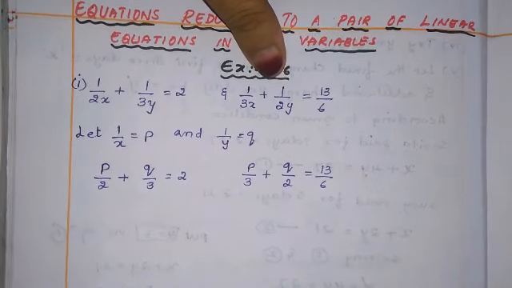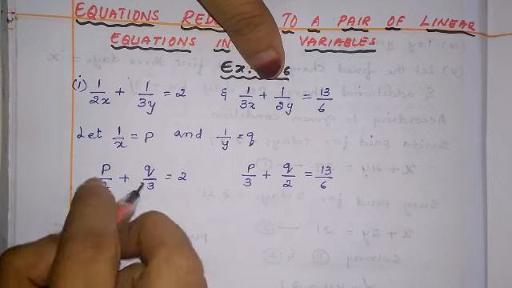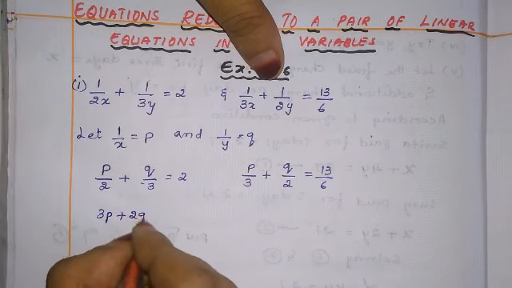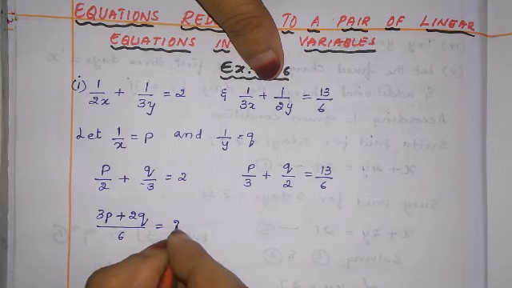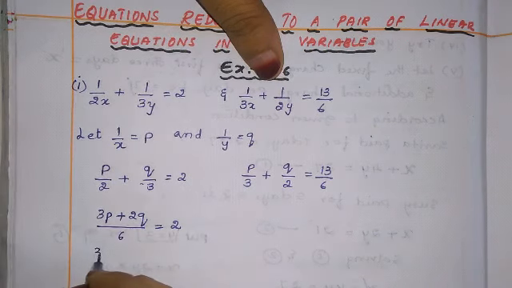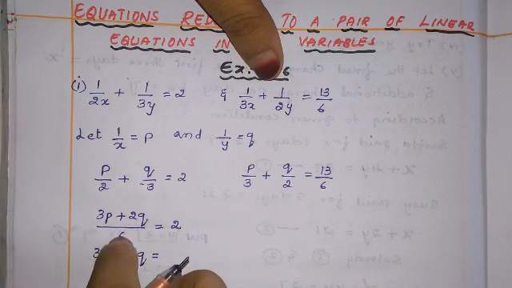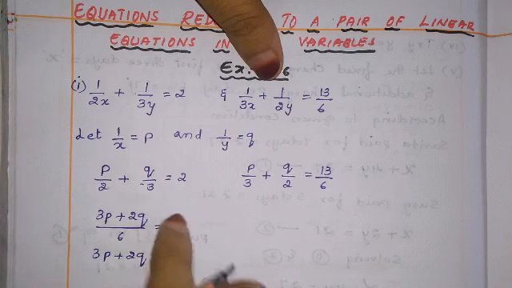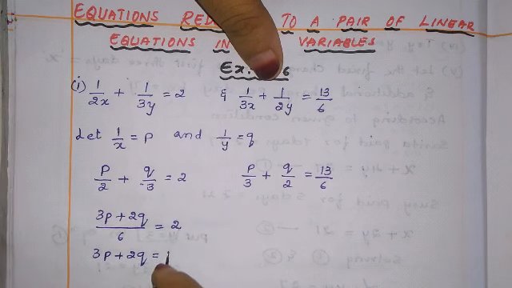So how do we solve now? 3 into p, 3p, plus 2 into q, 2q, upon 3 2s are 6 is equal to 2. So 3p plus 2q is equal to 6 2s are 12. We multiply this 6 to the other side because it is in divide position; bringing it over, it is multiplied, 12.